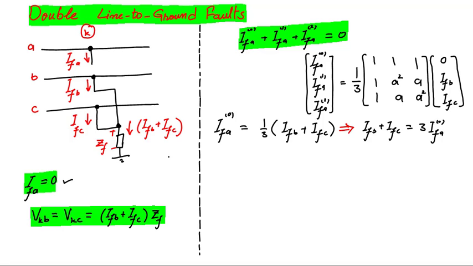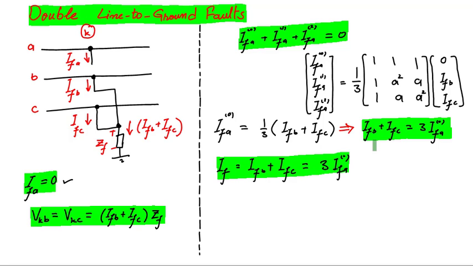And according to the definition of double line to ground fault, the fault current is IFB plus IFC, and in terms of sequence components that is 3 times IFA zero sequence. And if we substitute the value of IFB plus IFC in this equation of voltages, the voltage of phase B and phase C on bus K will become equal to 3 times ZF times IFA zero sequence.